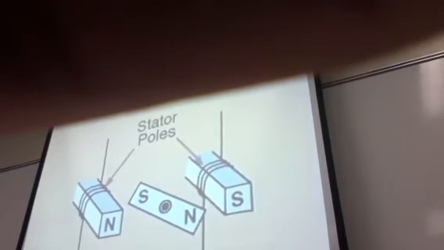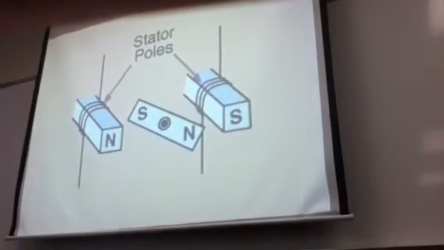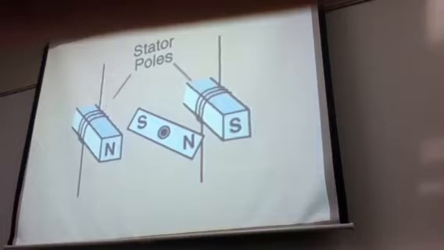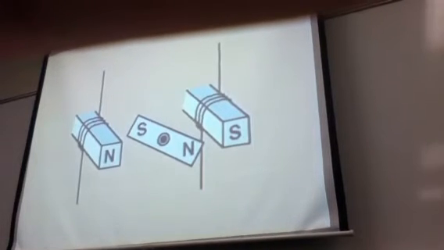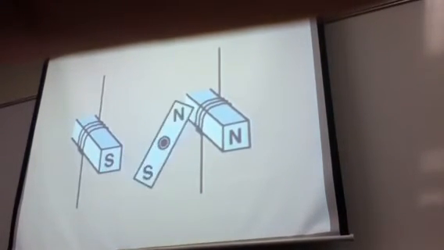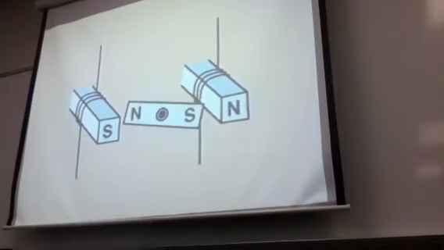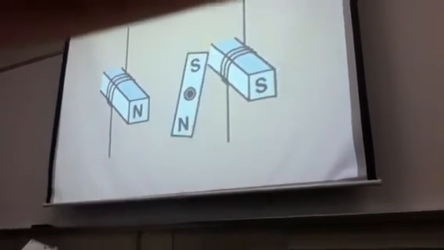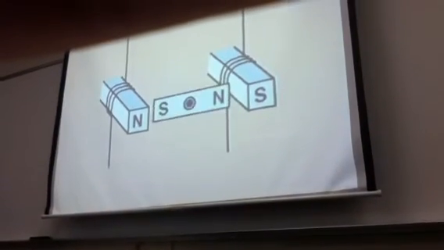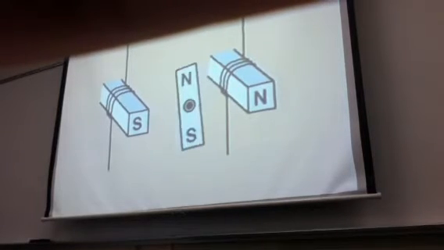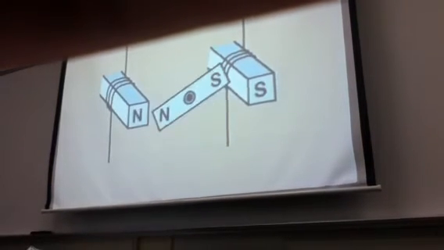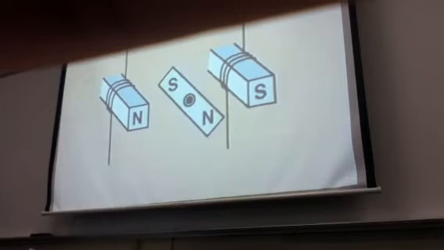Therefore, when the polarity is as shown here, the permanent magnet rotor will move towards the stator poles. As the alternating current in the stator coils changes direction, the polarity changes. North becomes south and vice versa. The rotor south pole and stator south pole repel each other, causing continuous turning of the rotor and shaft.